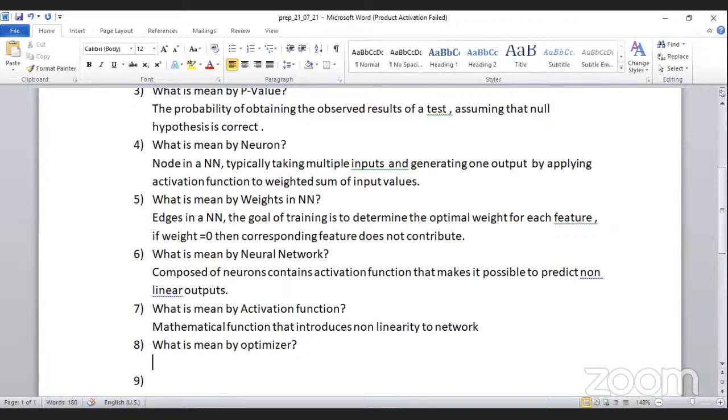Okay, Vishwanath. Yeah, it can reduce the loss, right? Okay.